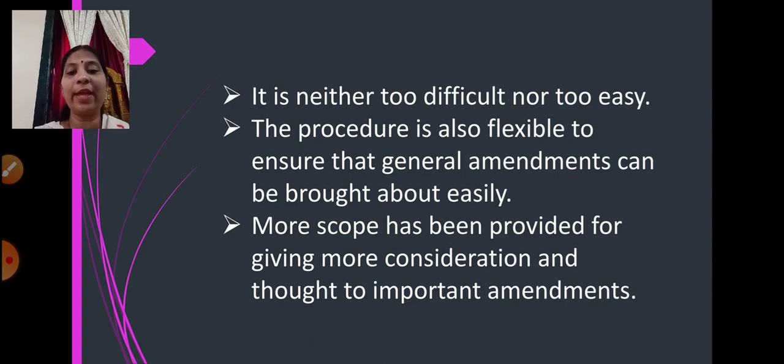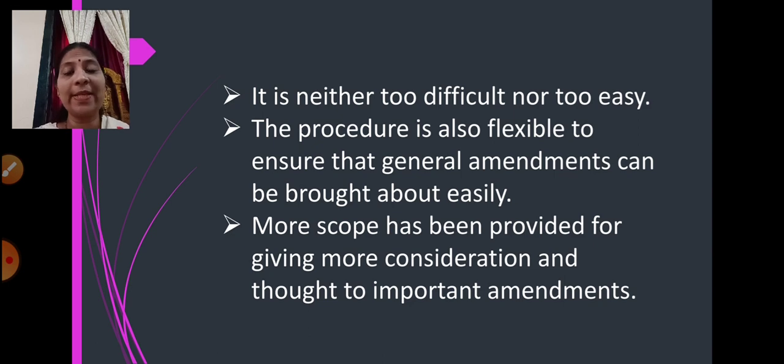Whatever general changes are there, can be brought about easily.